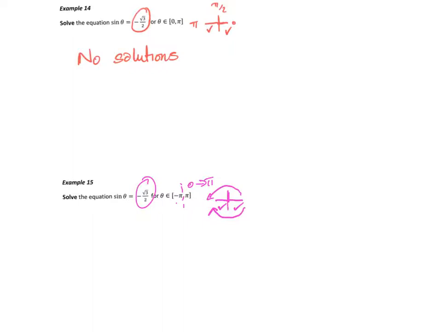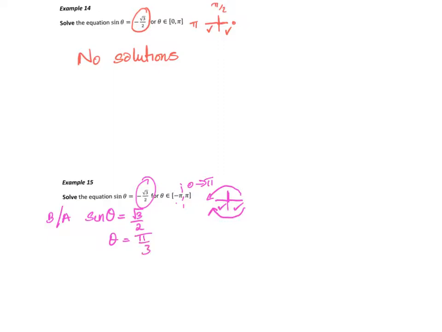Let's have a look at how that works. My basic angle is sine theta. And remember, when I'm talking basic angle, I want an angle in the first quadrant, so it has to be positive root 3 on 2. And I know that using my exact values table or my triangles, that sine theta equal to root 3 on 2, theta is going to be equal to pi on 3.